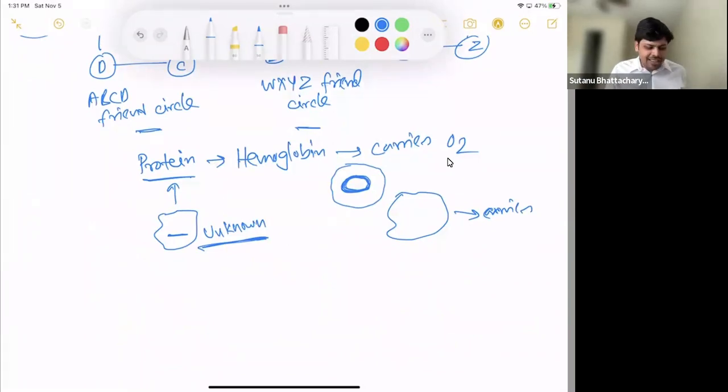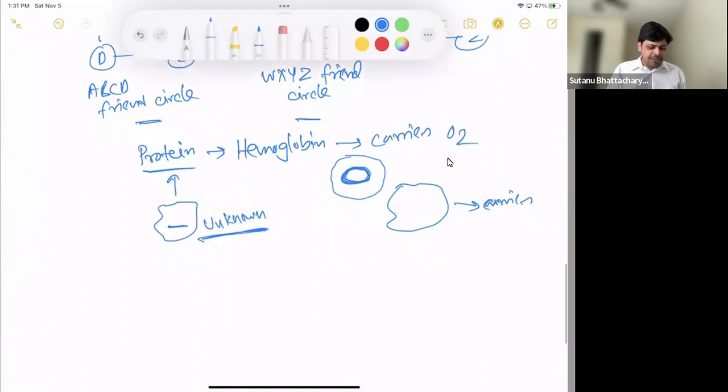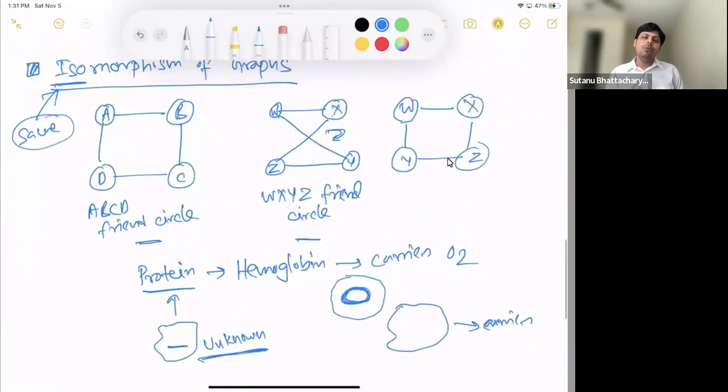Okay, let's come back to isomorphism. Now the question would be how to find whether two graphs are isomorphic. The answer is no one knows. There is no straight-cut rule that says, okay, these things happen, so these two graphs are isomorphic. No one can say that.